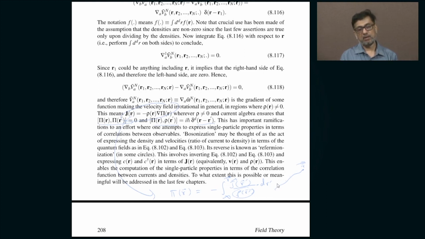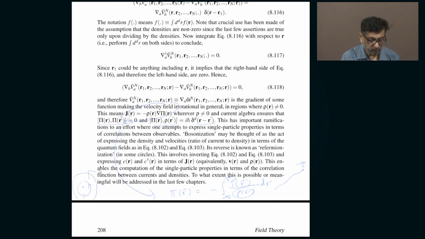See, when rho is not 0, velocity has to be irrotational. That means at those points you can't expect vortices. So, what this is telling you is that vortices exist only at points where the density vanishes. When the density vanishes, you could have situations where you have fluid flowing around this.